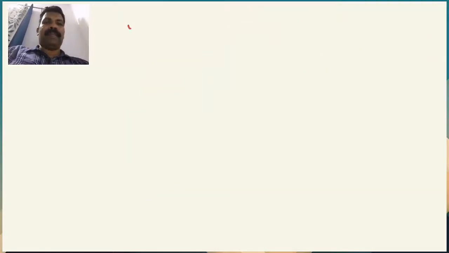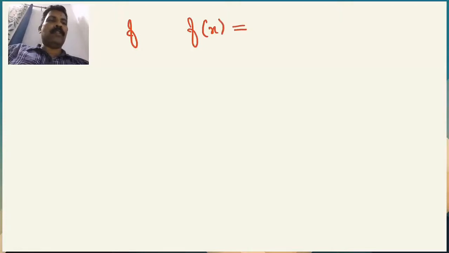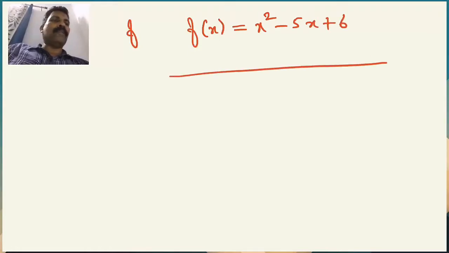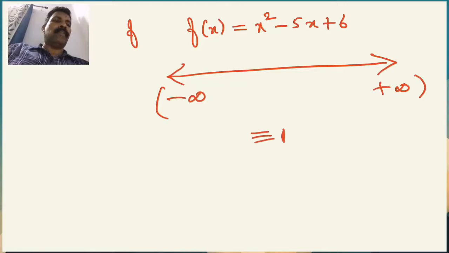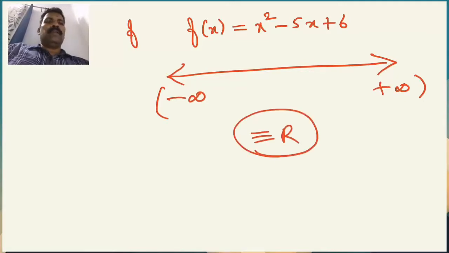Now consider the function f given by f of x is equal to the polynomial function x squared minus 5x plus 6. For the polynomial function, the domain is negative infinity to plus infinity, the open interval meaning the set of all real numbers.